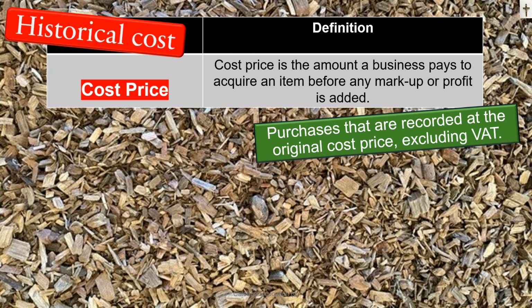Right, historical cost. Now, historical cost price, the cost price is the price that the business pays for an item, excluding VAT. So the cost price is the amount the business pays to acquire an item before any markup or profit is added. I'll give you an example.